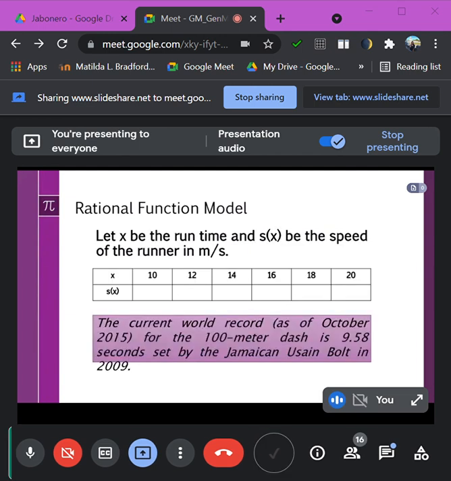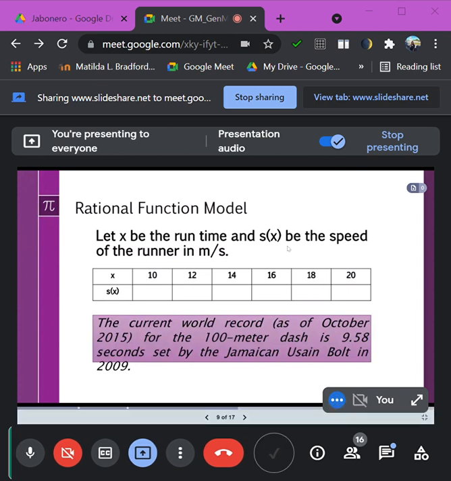So now, as you can see, this is a table of values. We're going to let x be the runtime, or shall we say the time, and s of x would be the speed of the runner in meters per second. So we have here, if x is 10, what would its y be?